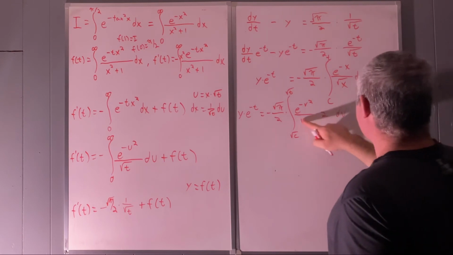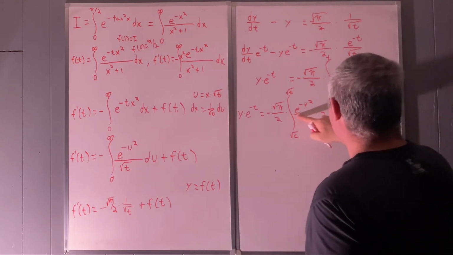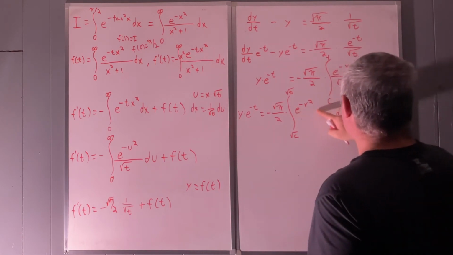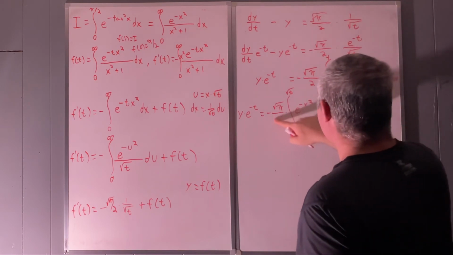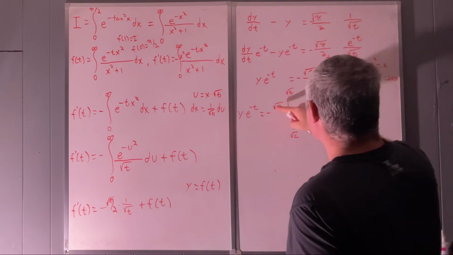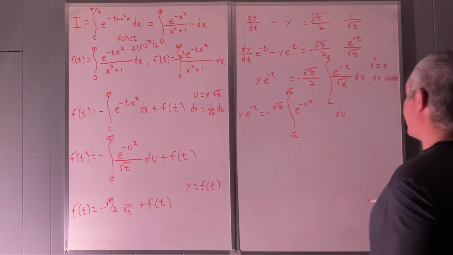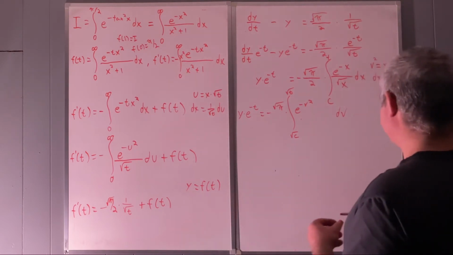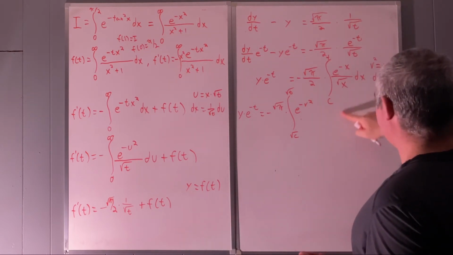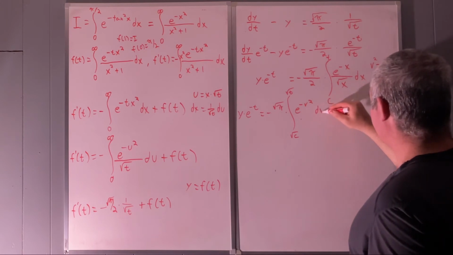This v cancels with that v. This 2 cancels with this 2. Negative square root of pi, and there we go. That's it.